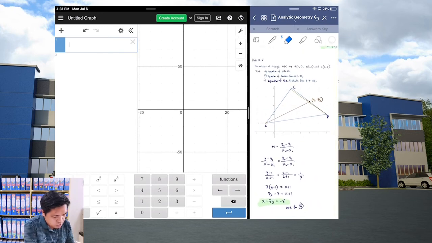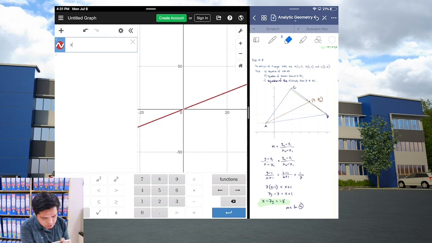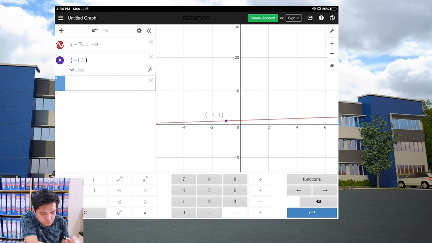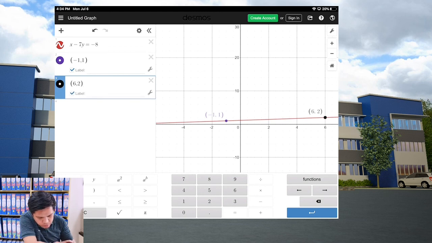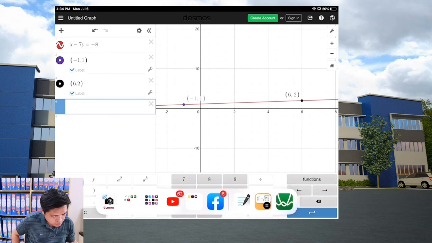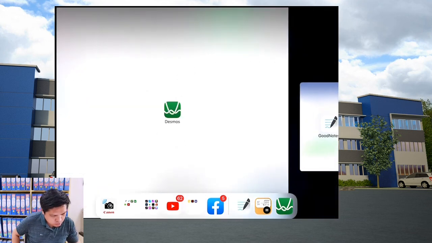The equation for A, x minus 7y equals negative 8, is the line that passes through negative 1, 1 and the other vertex, which is 6, 2. As you can see, it coincides. So it's correct.